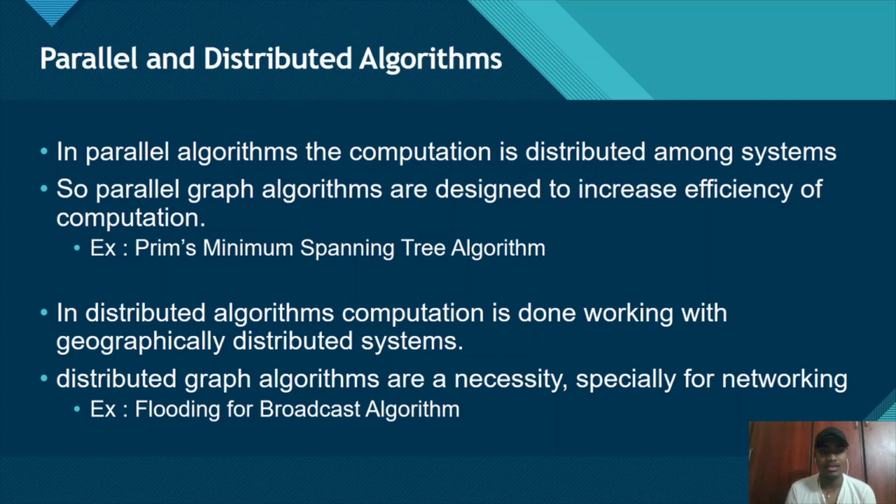An example of a parallel algorithm is Prim's minimum spanning tree algorithm. In a distributed algorithm, computation is done on geographically distributed systems. Distributed graph algorithms are a necessity, especially for networking. An example is the flooding algorithm for broadcast.